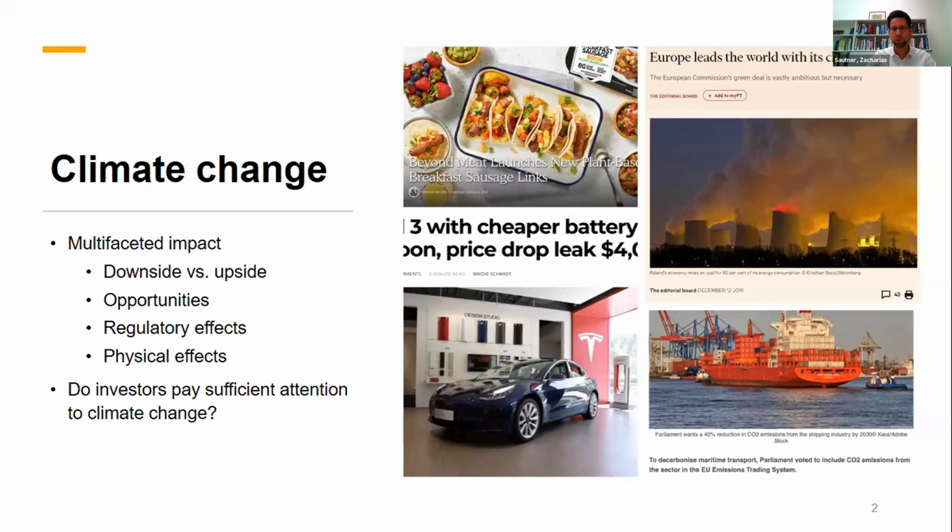We tend to focus on those that suffer, but there are firms that will benefit, and you see some pictures here of firms that may benefit, at least those on the left side. So there are opportunities for some firms, and of course others will be affected more in terms of the downsides that we tend to think of: transition or regulatory risks, and the effects of physical changes in the climate.